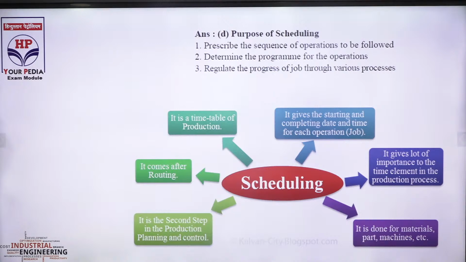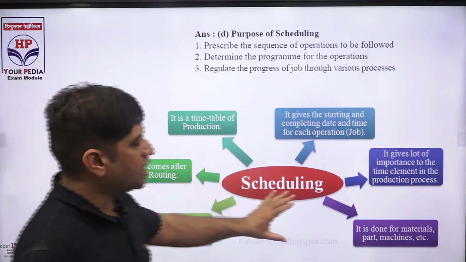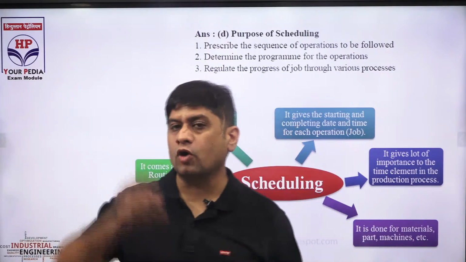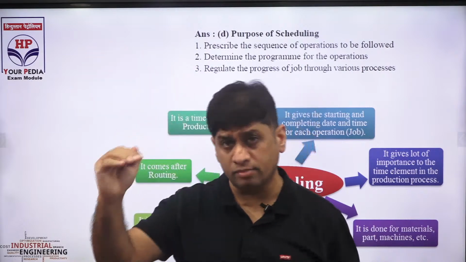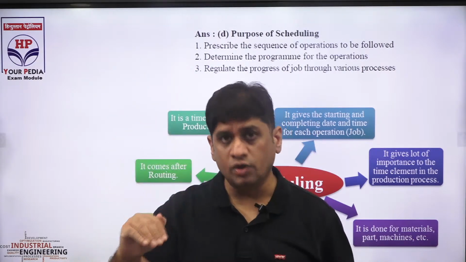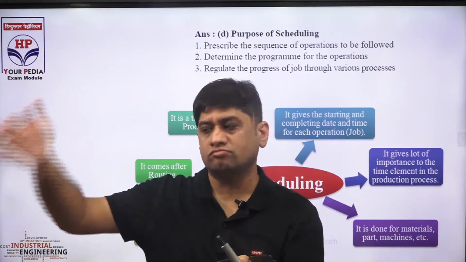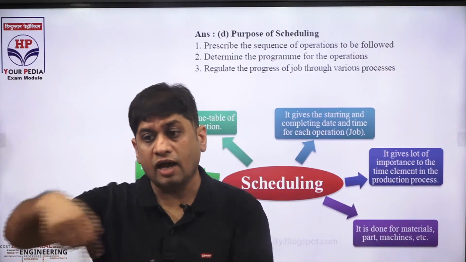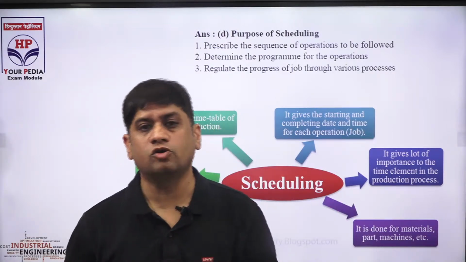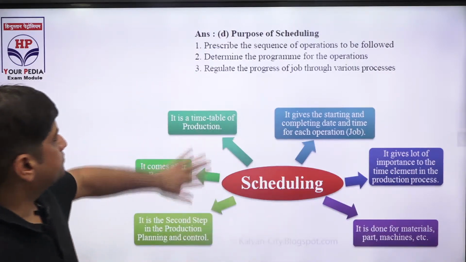First routing comes and then scheduling comes. It is the second step of production planning and control, and it is a timetable. If somebody asks you what is scheduling, you'll say production planning and control. First routing comes and then comes scheduling. Scheduling is a timetable. It deals with the material, manpower, everybody, and what the timetable is, how we have to proceed. That is how it is done.